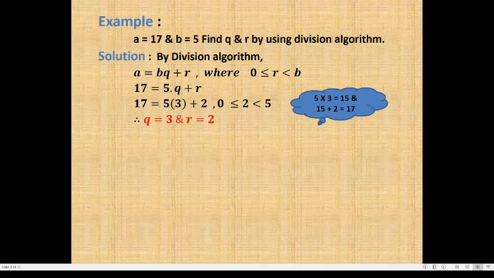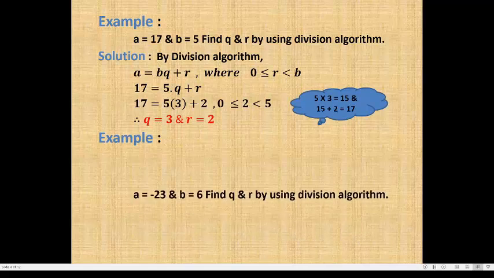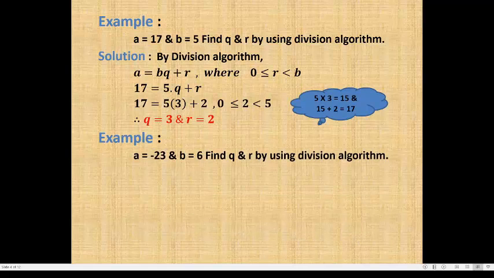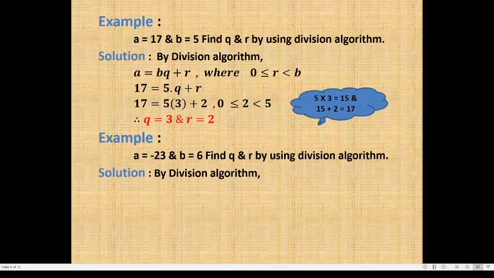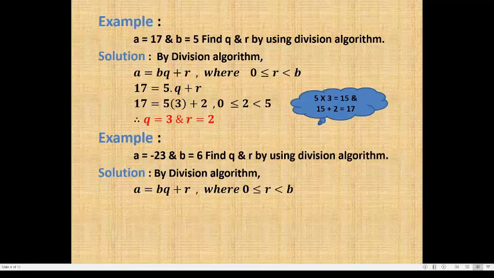Okay. Now next example. a equals -23 and b equals 6. Find again q and r by using division algorithm. Solution: by division algorithm we get a equals b times q plus r, where 0 less than or equal to r less than b. Substitute values here. So here we get -23 equals 6 into q plus r. Here a is negative.